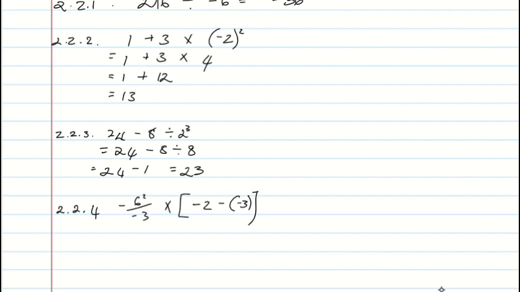That answer is going to be 36, so we have 36 over negative 3 multiplied with, let's do the bracket. Negative times a negative is a positive, so we have negative 2 plus 3. Then a negative divided by a negative is also a positive, so there we have 36 divided by 3, which is 12, and then negative 2 plus 3 is equal to 1. What is 12 times 1?